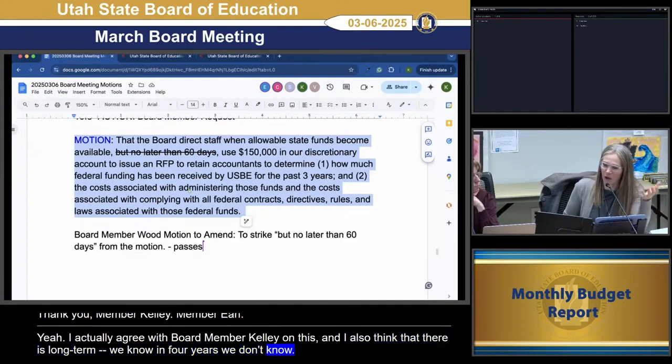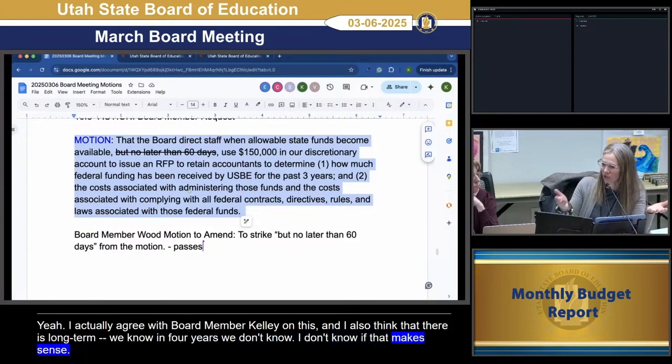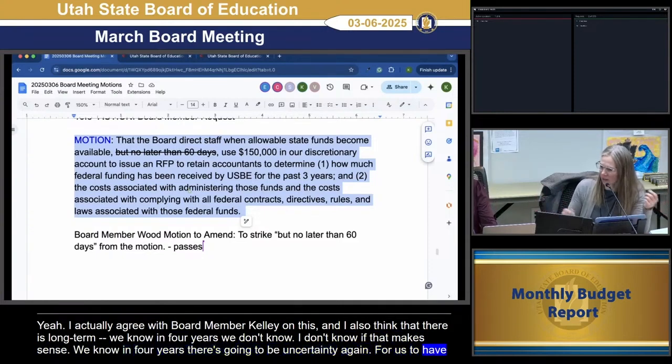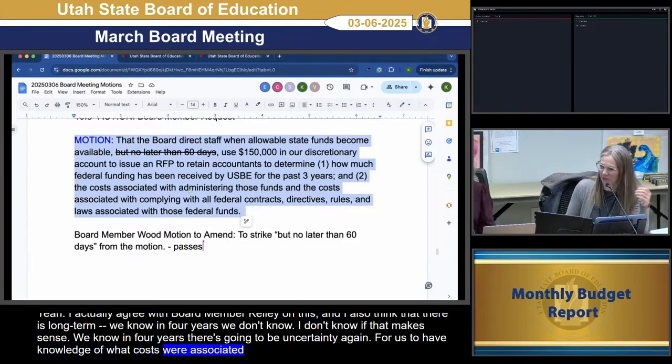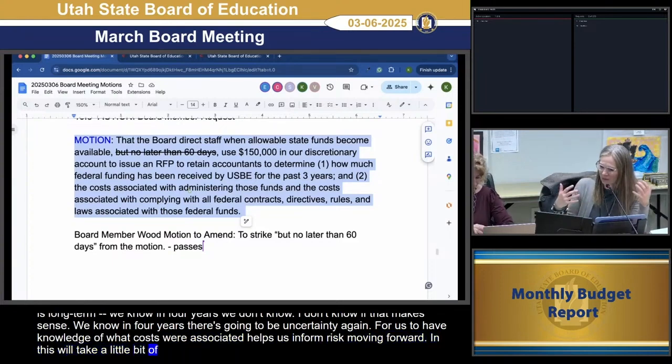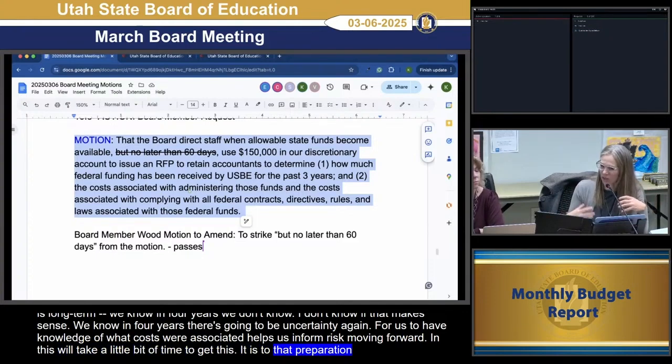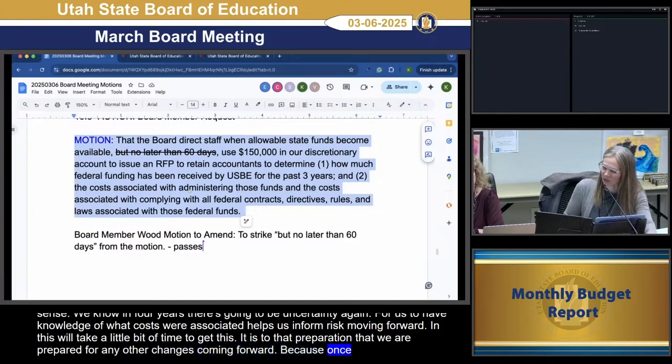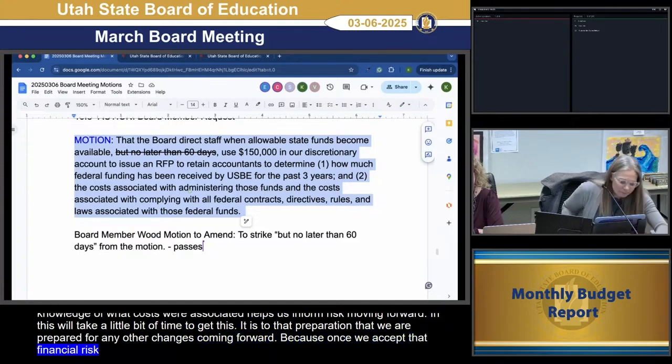I think for us to have a knowledge of what costs were associated with something helps us inform risk moving forward, and this will take just a little bit of time to get this. So I think it's to that preparation that we're prepared for any other changes coming forward, because once we accept that financial risk or time or whatever, we also need to know what the flexibility is in that, or whether we want to take the risk. But anyways.